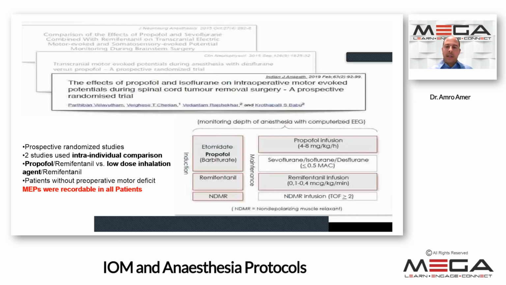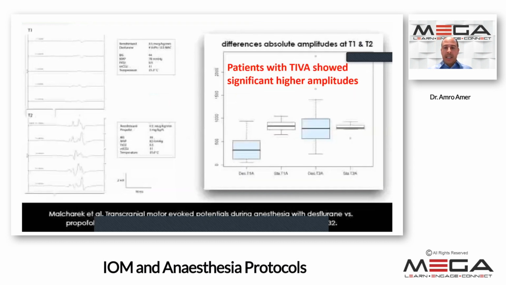This study was done to compare propofol against propofol and Precedex, and propofol and sevoflurane. It showed that complete TIVA, so no fluorinated agent, will make the signal higher from the beginning. If we don't do that, let's say we're using propofol and half MAC isoflurane, sevoflurane or desflurane, we will have a motor evoked potential baseline.